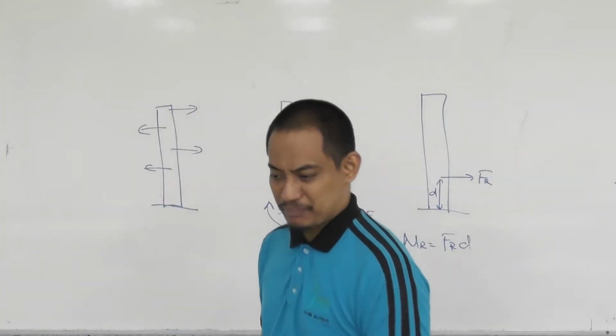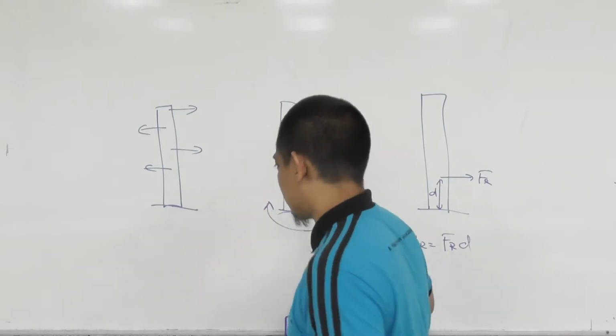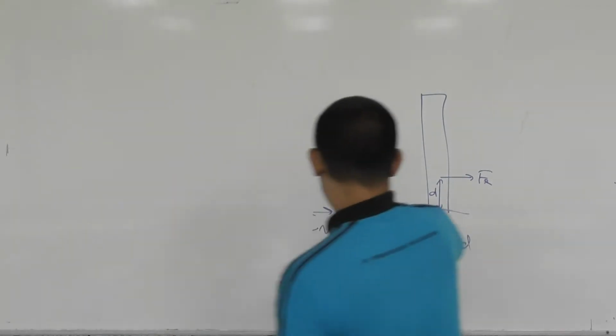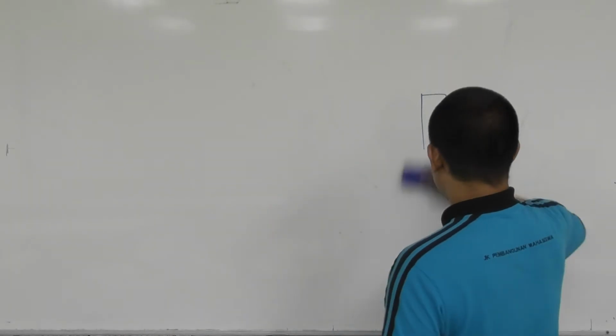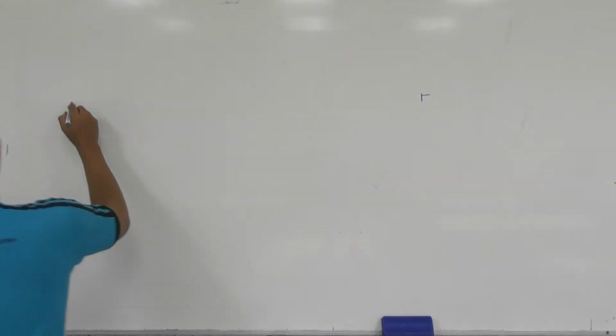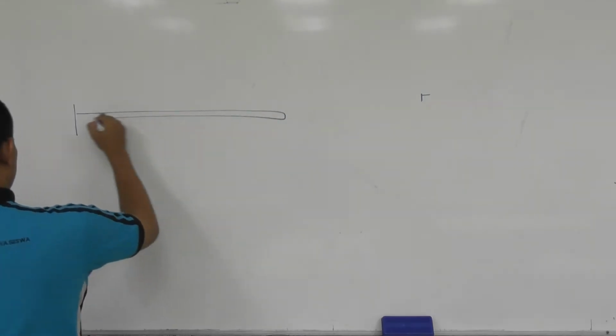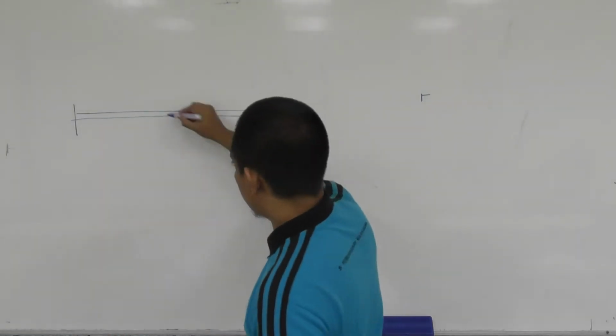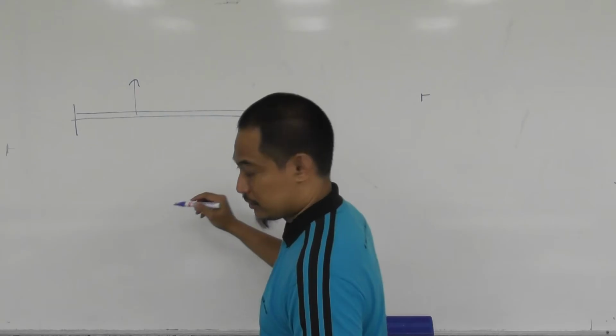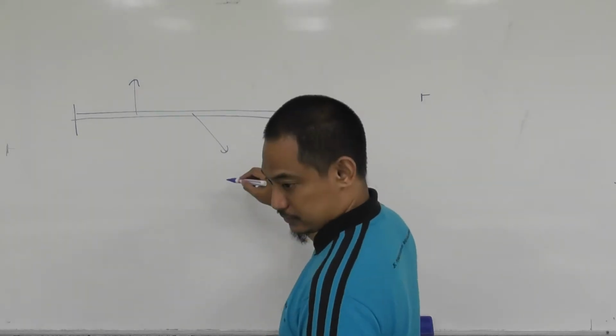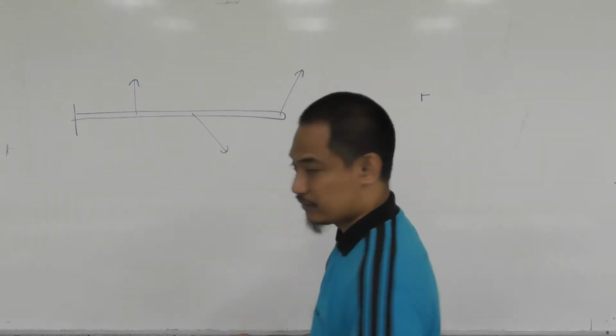So if you see the example, let's start with this 2D example. Something like that. And then you have force here, and then you have force here, and then you have force here, right?